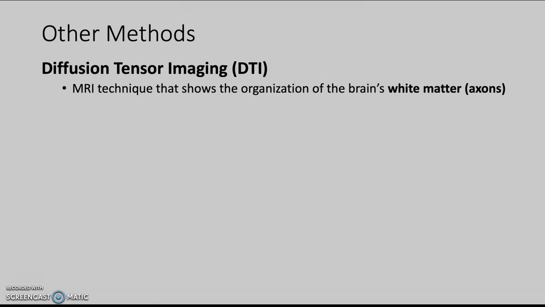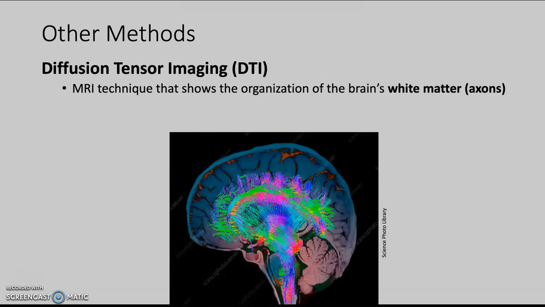Finally, in addition to EEGs, PETs, and fMRIs, there are brain imaging methods that focus on other aspects of brain structure and function. As an example, diffusion tensor imaging, or DTI, is an MRI technique that, unlike fMRI, which measures oxygen changes in blood flow, focuses instead on measuring the direction of motion of water molecules within axon tracts across the brain, what we call white matter.